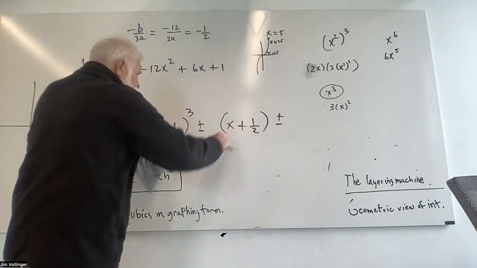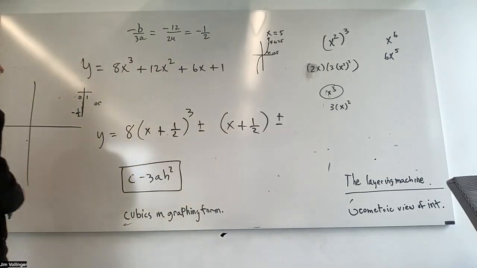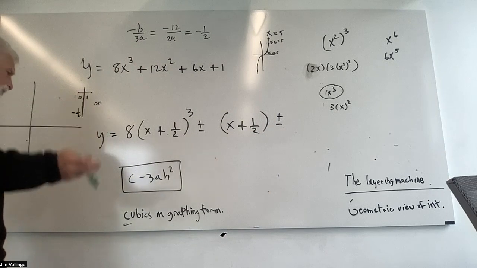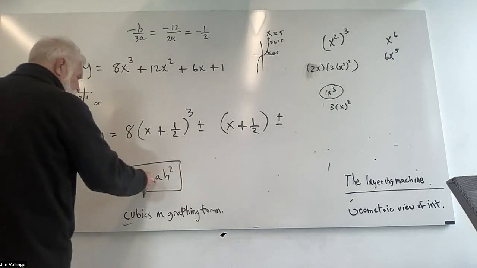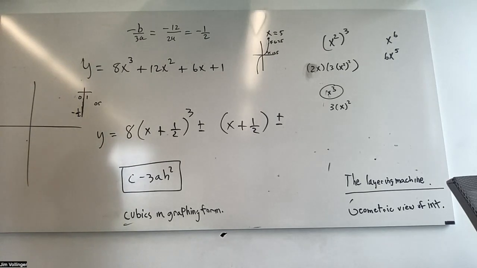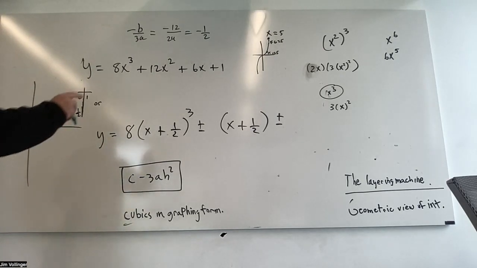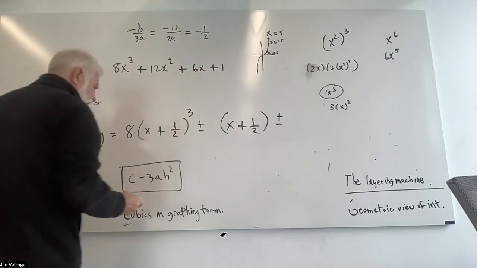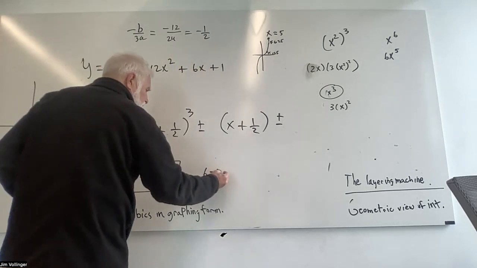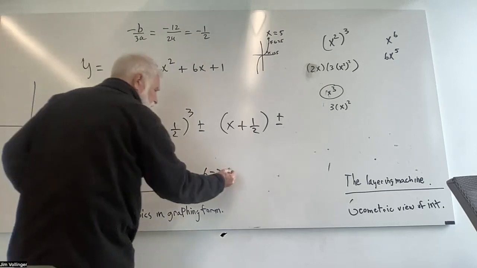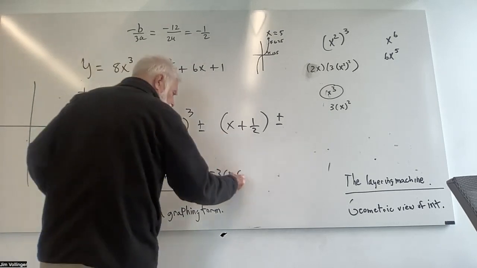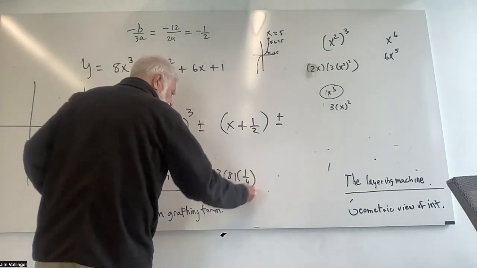You can do this algebraically, the graphing form for completing the cube, and you'll find that it's C minus 3AH squared, where H is the value minus B over 3A, which we know is -1/2. So what do we have here? C was 6, minus 3, A was 8, and -1/2 squared is 1/4. Well, that's not too bad, right?